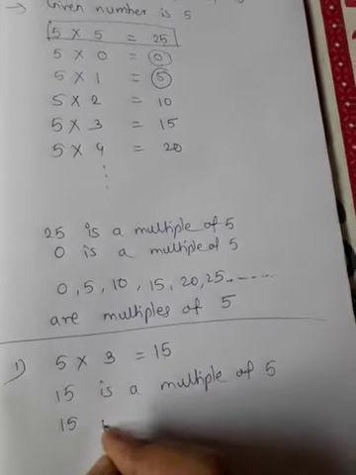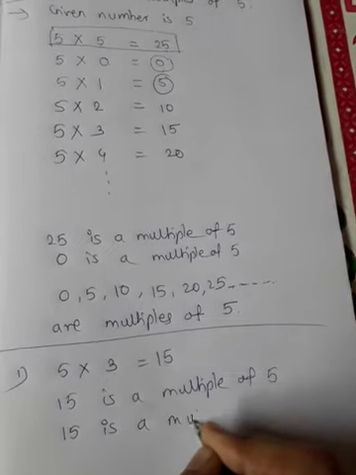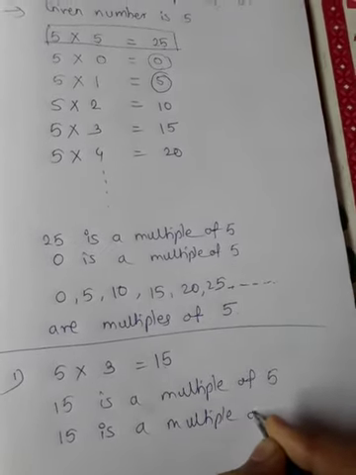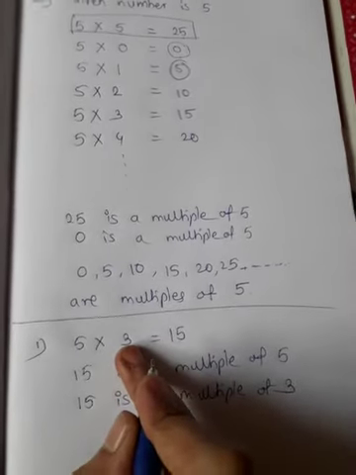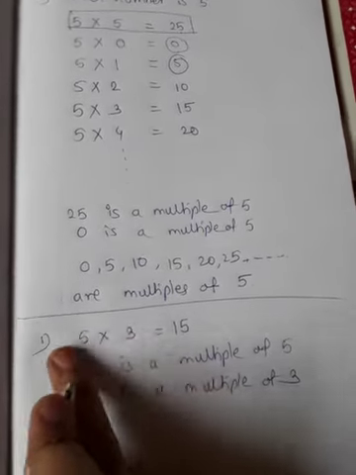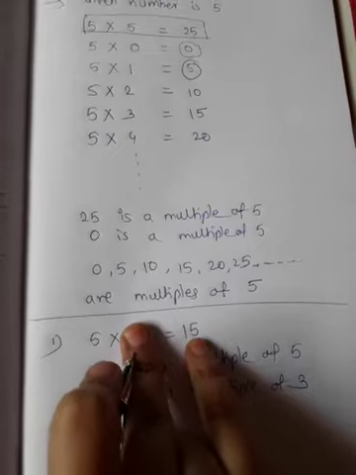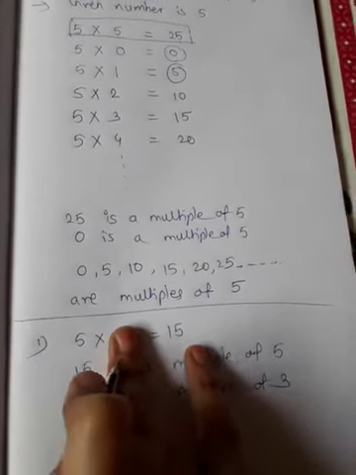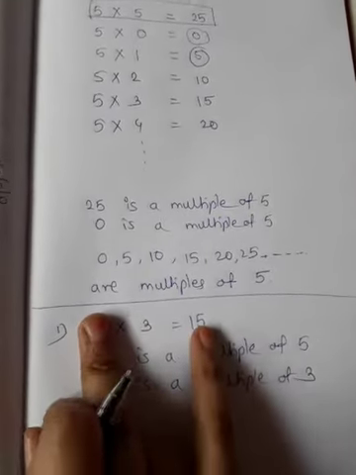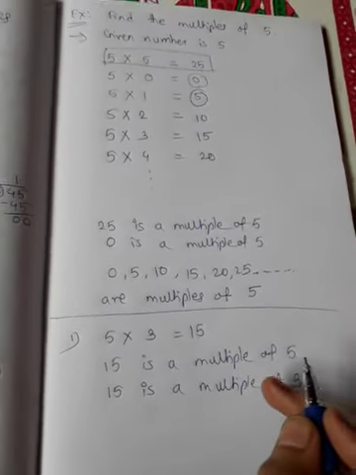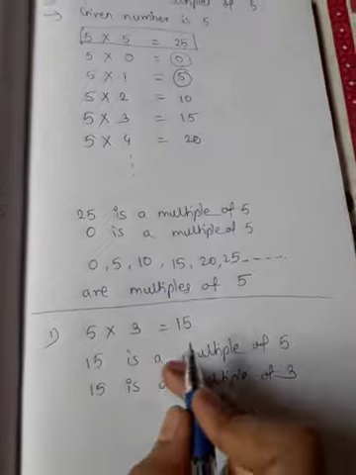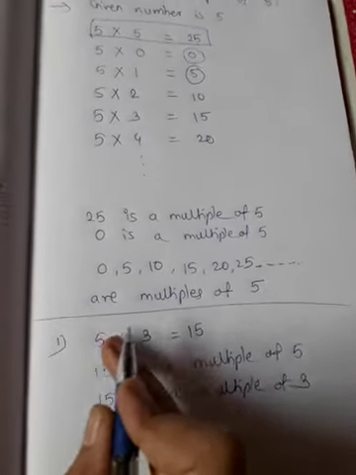But we can also say that 15 is a multiple of 3, because when we multiply 3 by 5 we get product 15. So 15 is a multiple of 5 and also a multiple of 3.